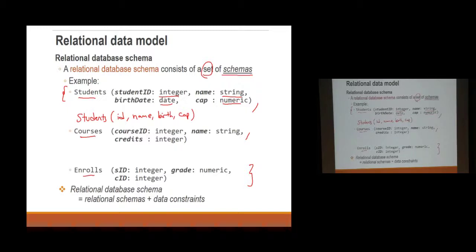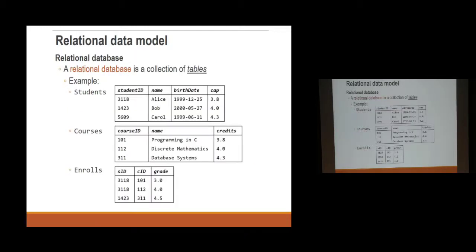The relational database, again, is a collection of tables, or as we say, it is an instance of that schema. So each table is a set of relations. So that's what a table is. It's a set of relations.